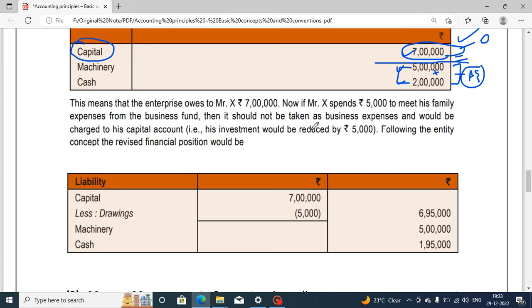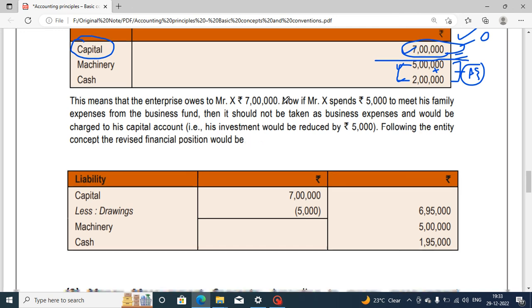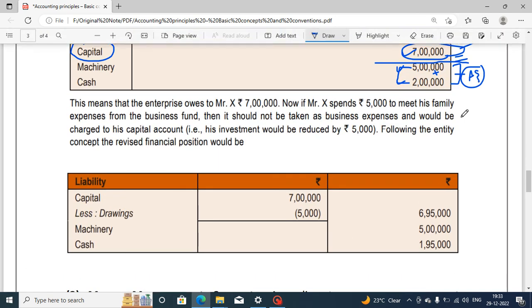Following the entity concept, the revised financial position will be. So here the question is telling that Mr. X drew 5,000 for his family expenses from the business cash, from this 2 lakh cash.